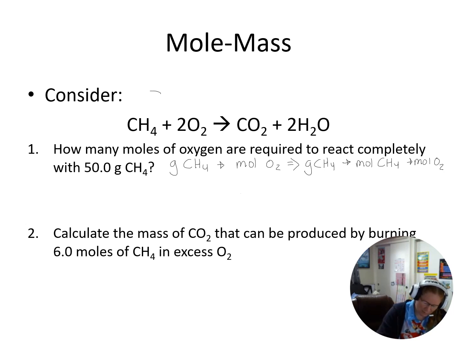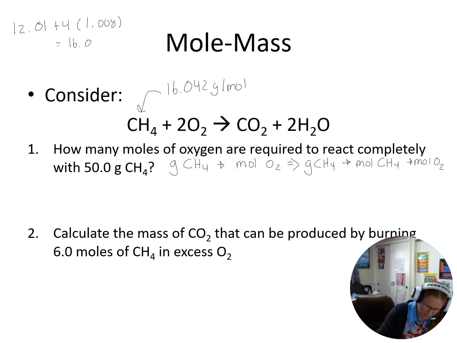All right, so our molar mass of methane is 16.042 grams per mole. Remember, to get the molar mass, you're just summing the individual pieces up. So for this one, I would take my 12.01 for my carbon, plus 4 times 1.008 for the hydrogen, and that's where we get the 16.042.